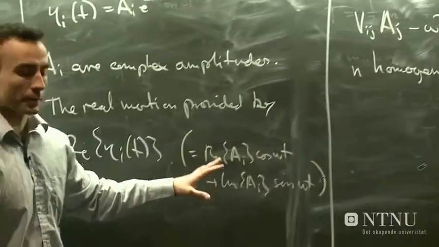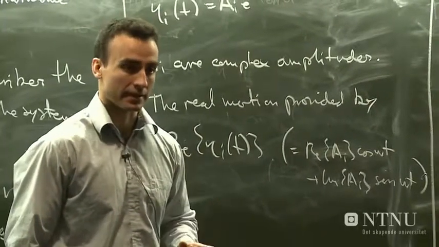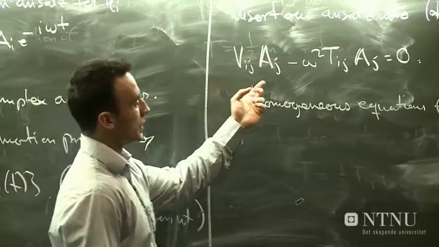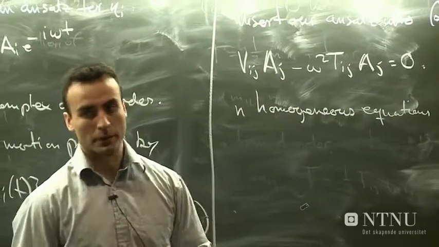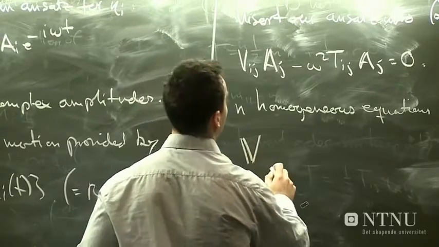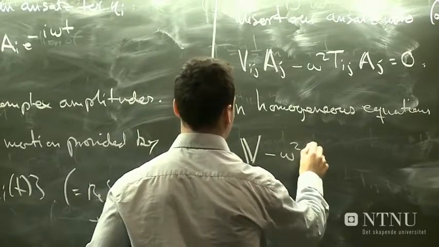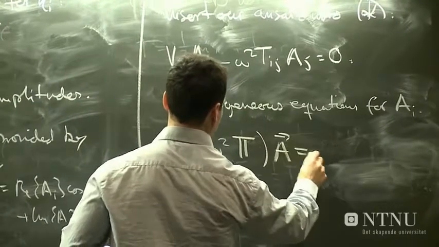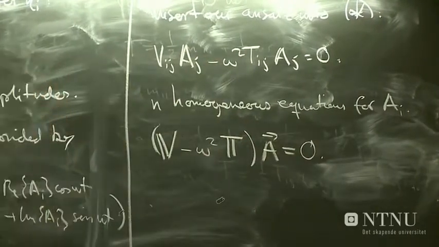Now, if we interpret V and T as matrices, since we have these elements V_ij, and we interpret A as a vector, we can write the equation like this.